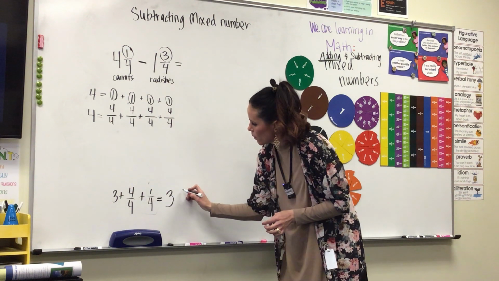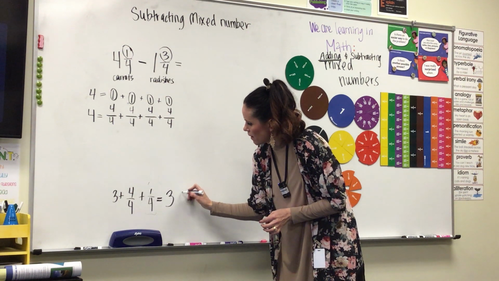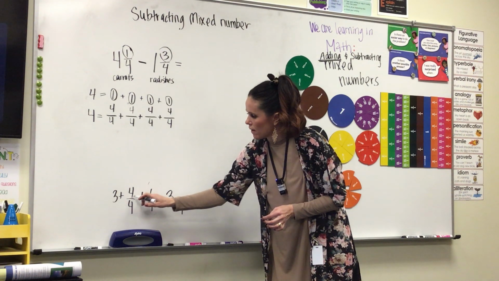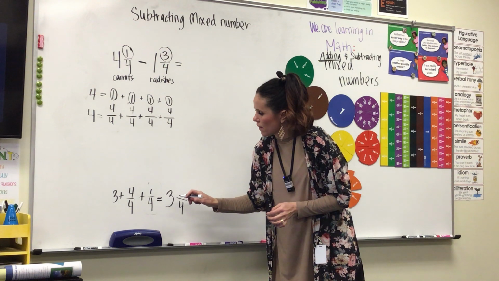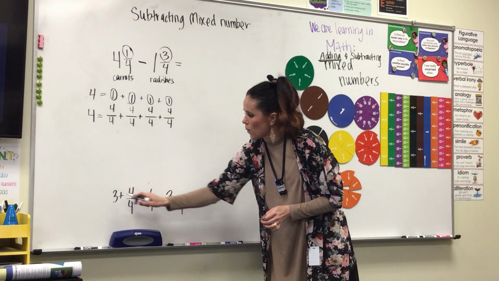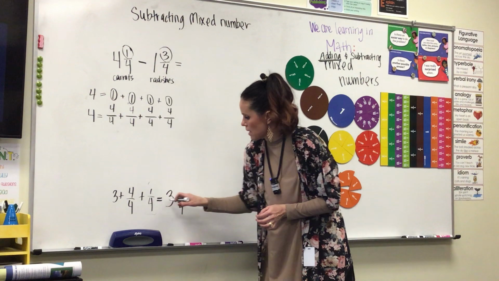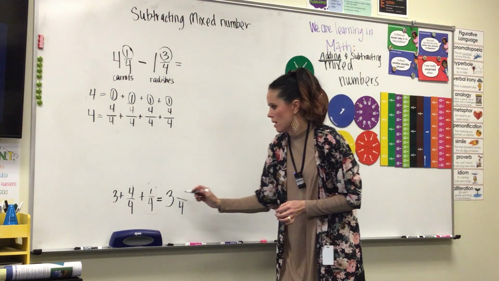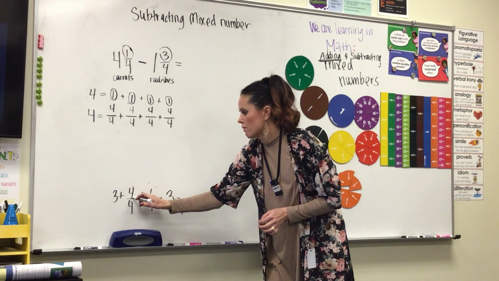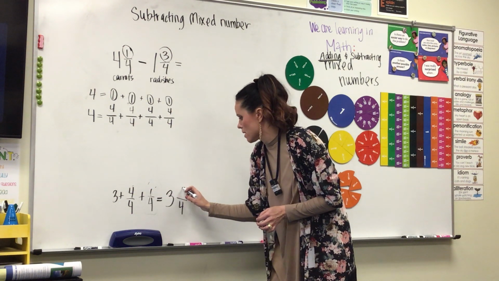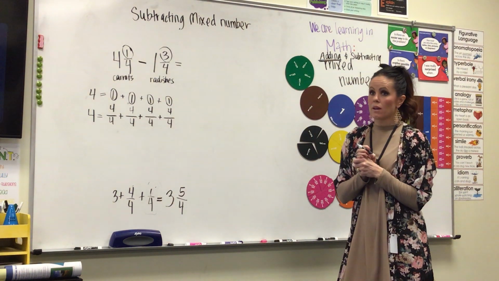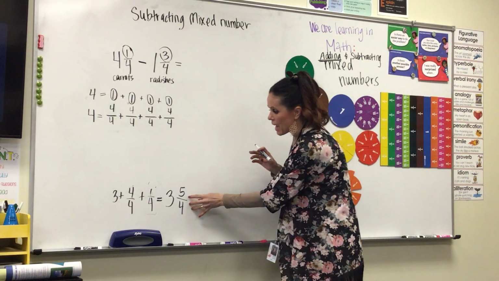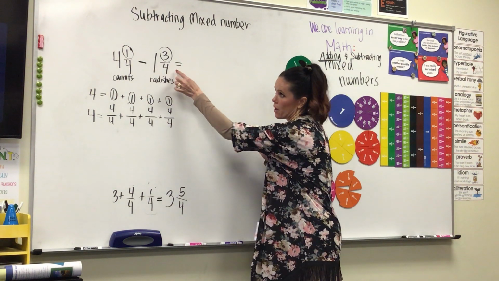You put a line in the middle, then put a 4 at the bottom. Good. No, we already did the whole number. I got the 3 out. I have this other step left. What do I do with the numerator? You put 1 at the top. Plus 4 plus 1 equals 5 fourths. Do you get that? Yes. So I just basically regrouped to make this fraction larger so I could take away the difference.